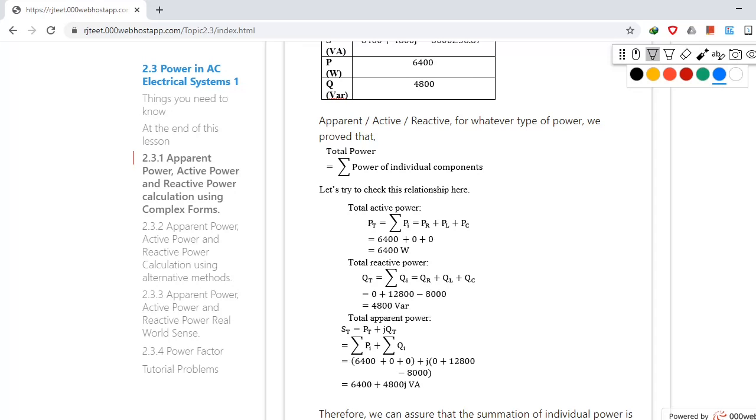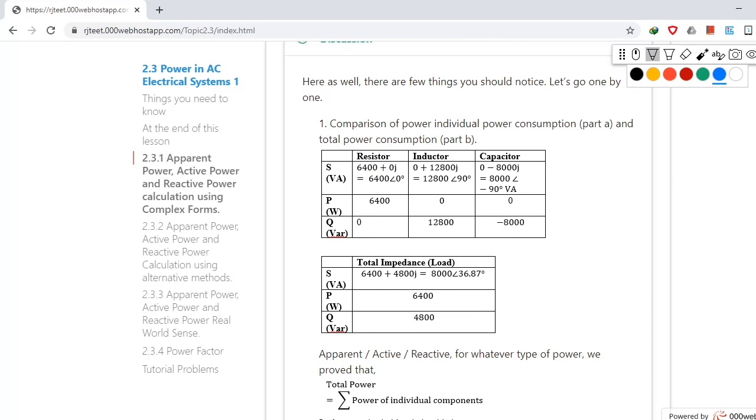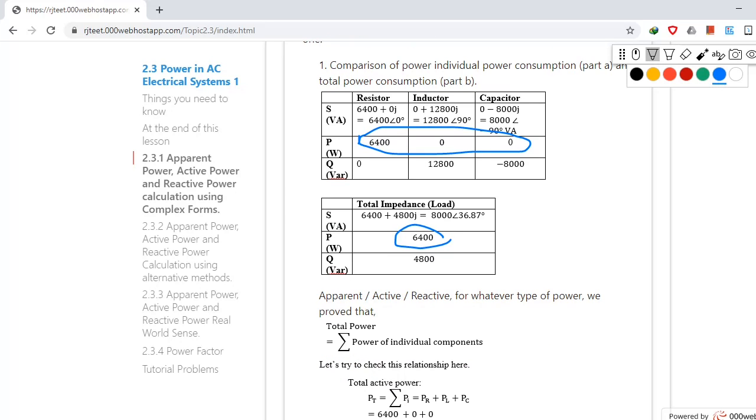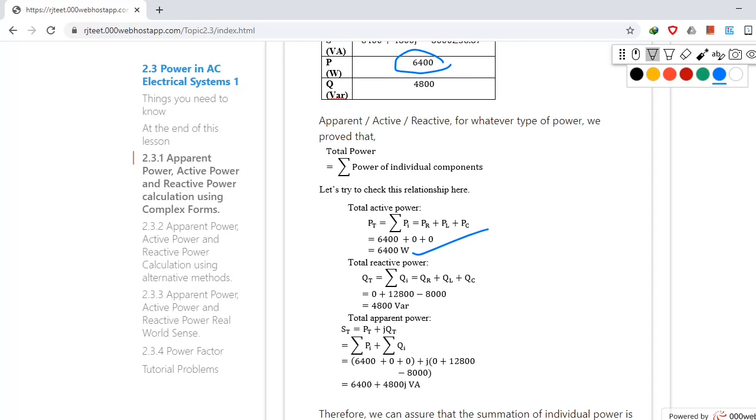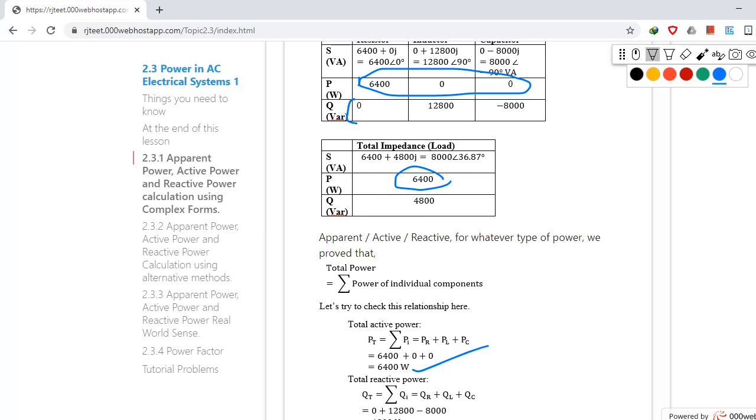And the next thing is, here as well I can prove that the total active power is equal to the summation of individual powers here, right? Individual active powers, when I add them up, it's going to be the total active power consumption, right? In the same way, if I consider the total reactive power consumption, which is here, it's going to be the summation of individual reactive power consumptions.